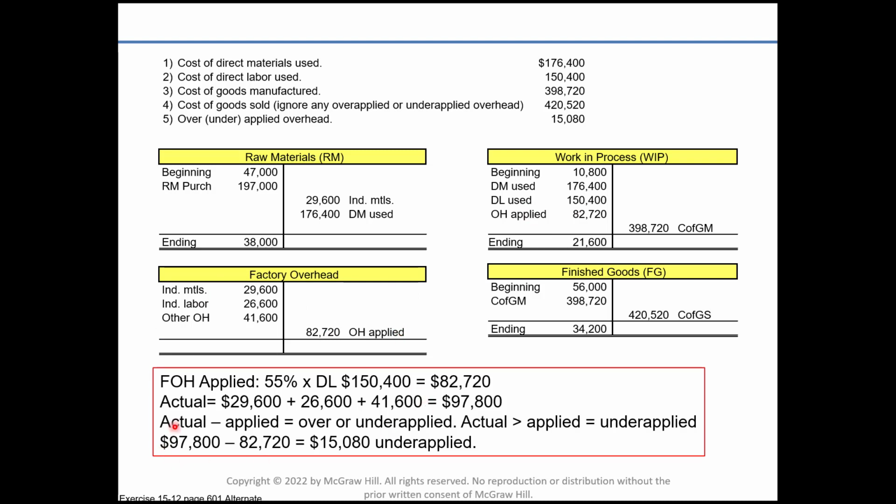And I showed you here, actual costs are $97,800, applied was $82,720, so that means they're under applied. So they haven't applied enough. So they will have to take care of this with a journal entry to close out the factory overhead account. So they're $15,080 under applied.